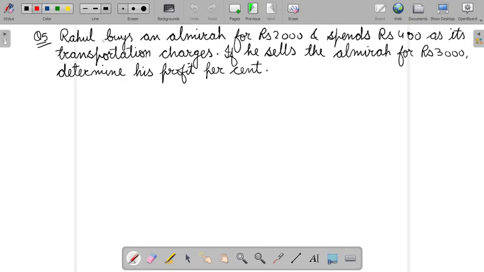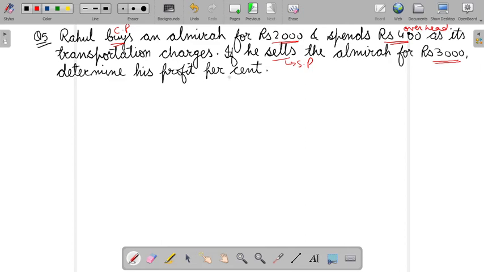Question number 5. Rahul buys an almirah for rupees 2000. So buys is written, so it means this is cost price, and spends 400 on its transportation. So this 400 is overhead expenses. He sells the almirah for rupees 3000. So sells means that this is selling price.